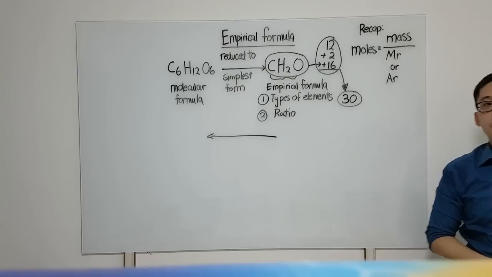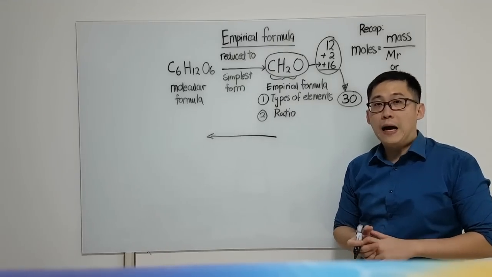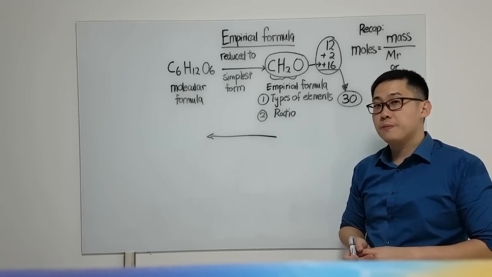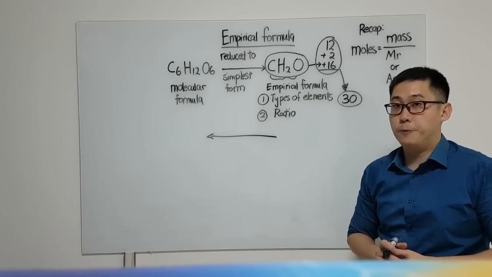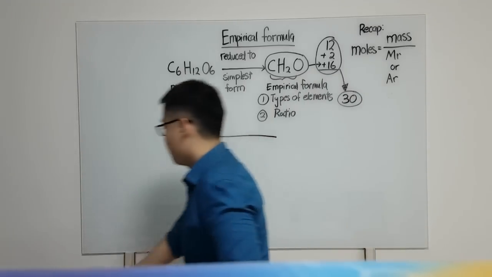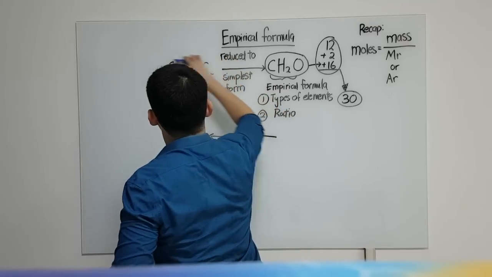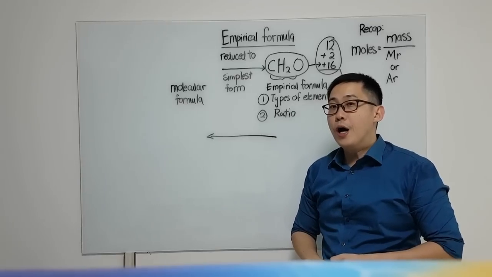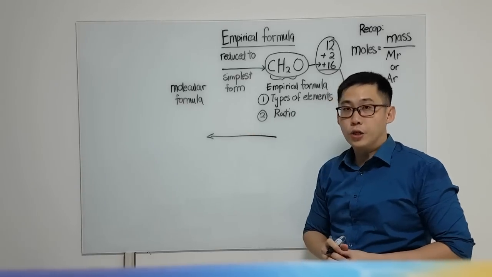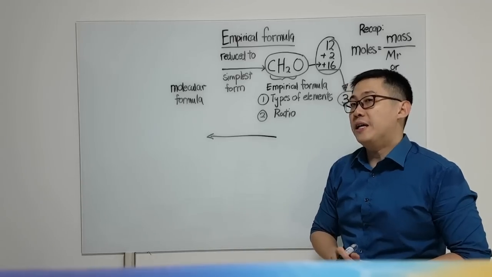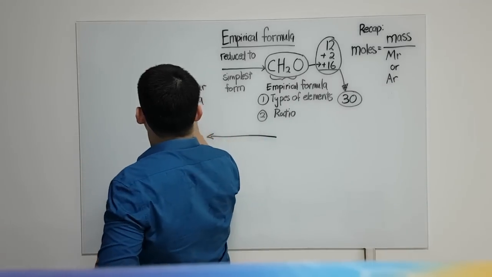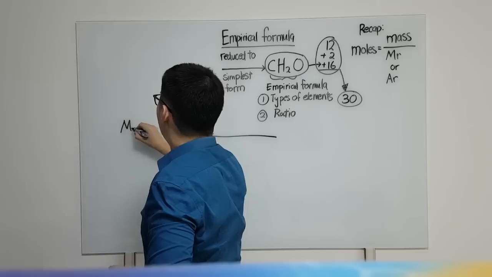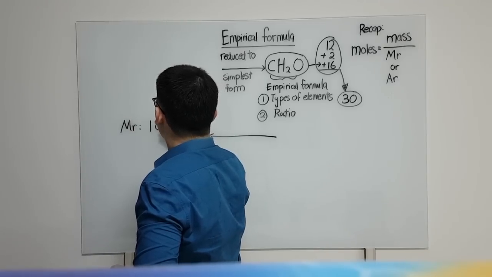Now, students, there will be some situations where you are given the relative molecular mass of the molecular formula. So, for example, if you do not know the molecular formula of glucose, and all I tell you is that glucose has a relative molecular mass of 180.